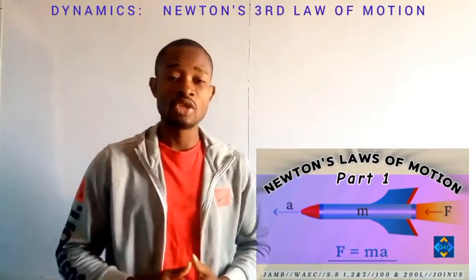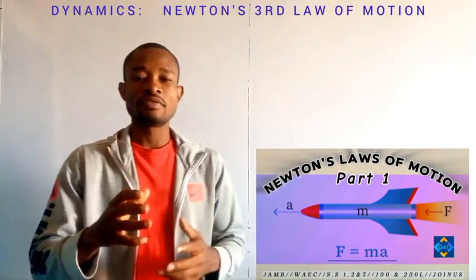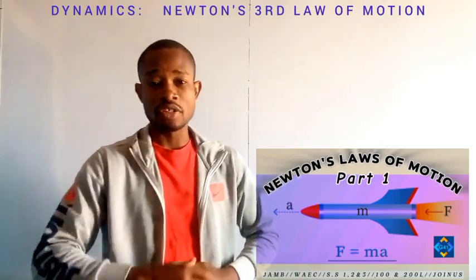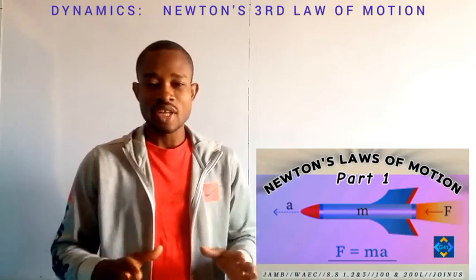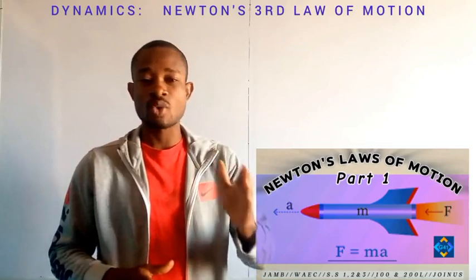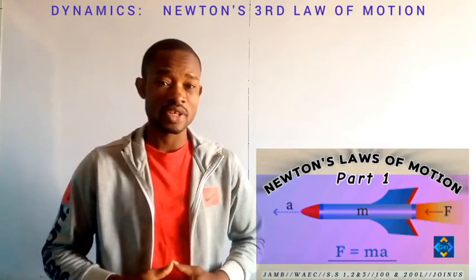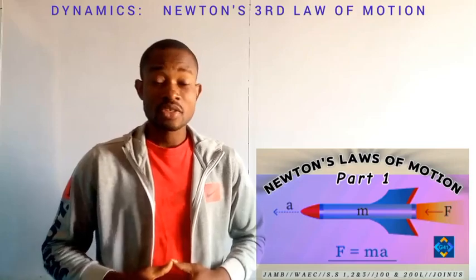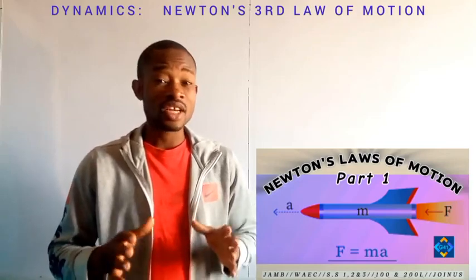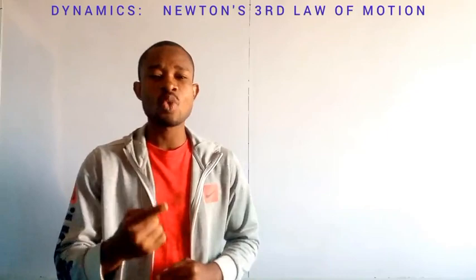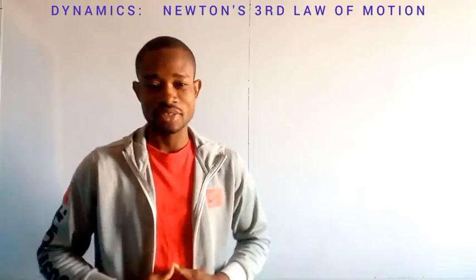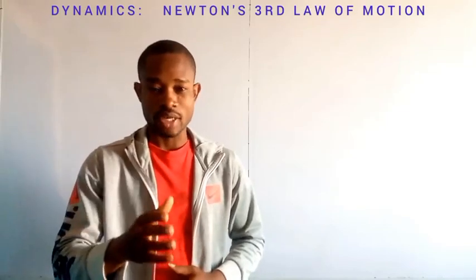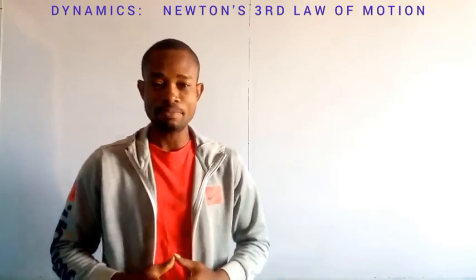I went ahead to explain the second law, where we established that wonderful equation that the net force F is equal to mass times acceleration. And so we will be looking at the third law of motion, where we would see what happens to action and reaction.